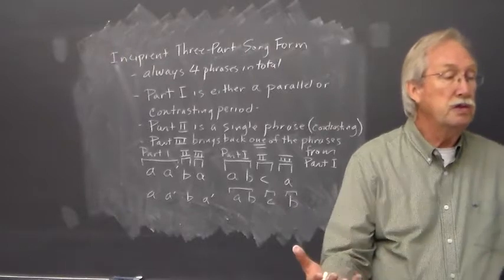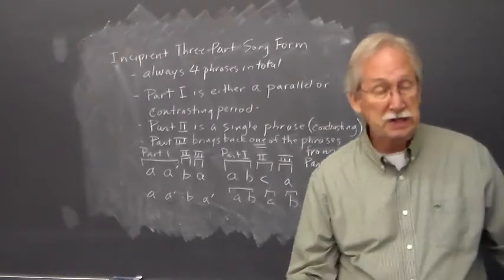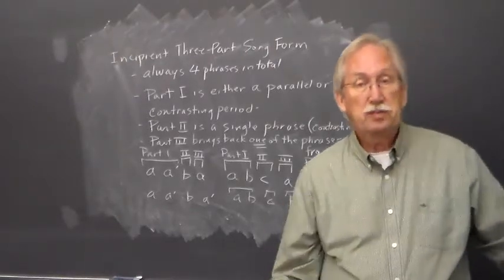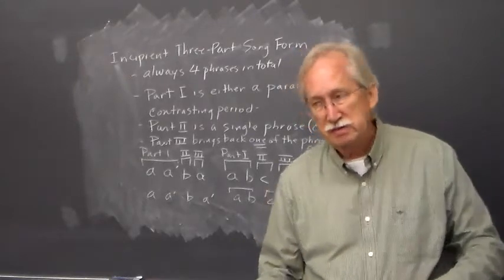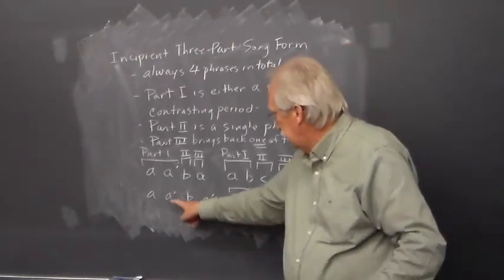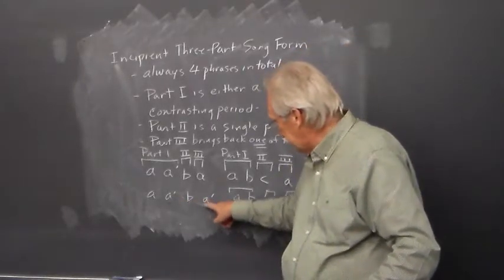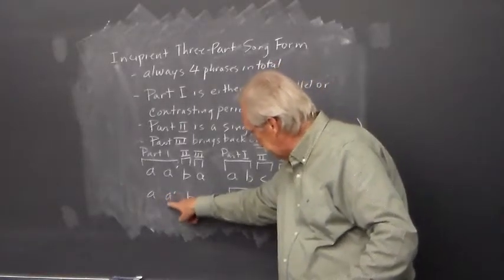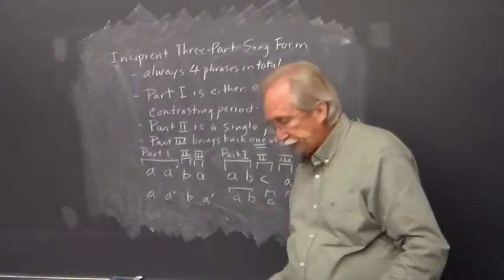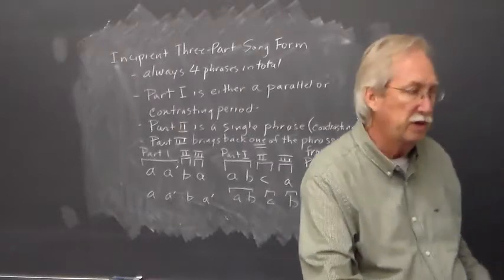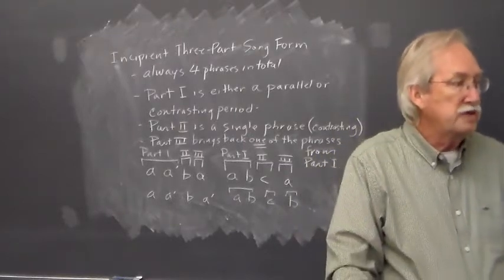And then you have a third phrase that is contrasting. And then the fourth phrase brings back the second phrase. So again, it's this same situation. This brings back one of these two, so it brings back that second phrase. And that is another example of incipient three-part song form.